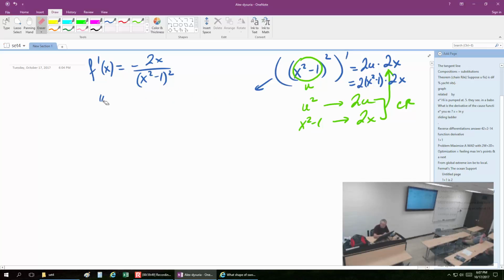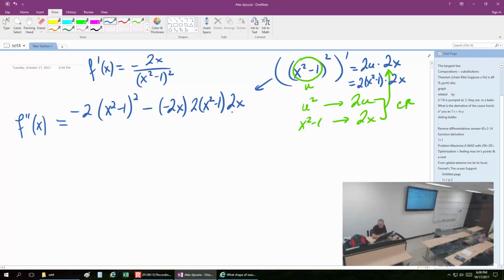Let me move it. f double prime of x is, we differentiate the numerator, which gives me -2 multiplied by the intact denominator. And now I subtract -2x, the intact numerator, multiplied by the derivative of the denominator, which we just found. So I have here 2 times (x squared minus 1) times 2x, over the denominator squared.